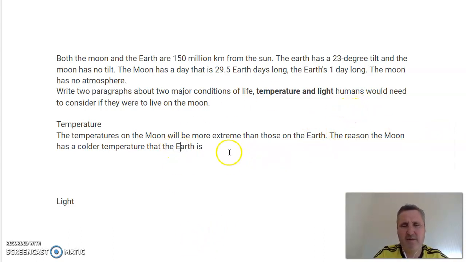So it's not to do with how much radiation reaches the Moon or the Earth, but it could be to do with how much radiation reaches the surface, possibly. But why is the Moon colder? Well, the reason that the Earth stays warmer is because it has an atmosphere. So the reason the Moon has a colder temperature than the Earth is it does not have an atmosphere.